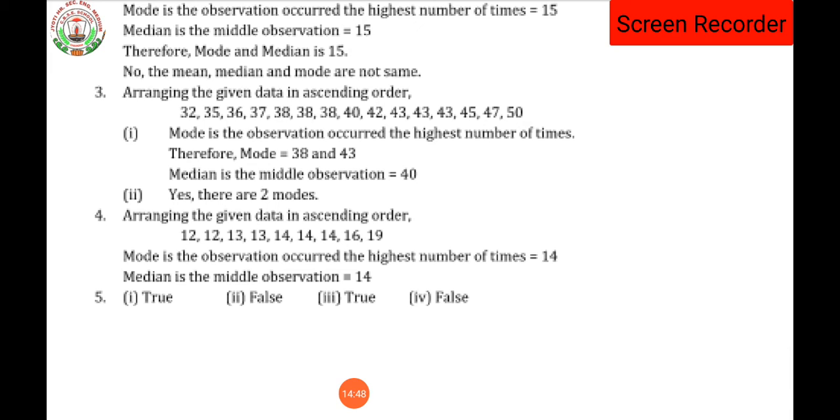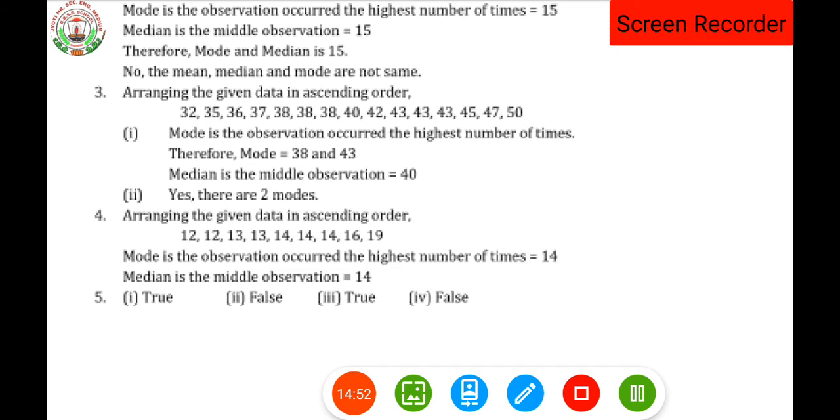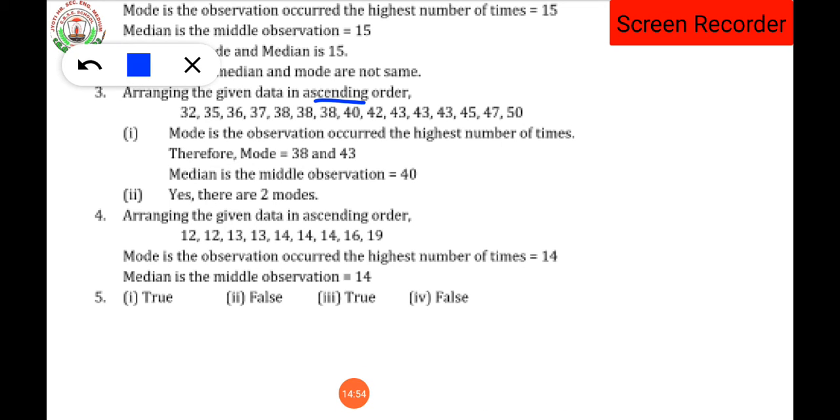Now in question number 3, it is asked to find the mode and median again. So the first duty is to arrange the data in ascending order. After arranging, look at which data is repeated the most times, that is 38. So the mode will be 38. The highest repetition of a number or observation is 38, so that will be the mode. And in the median, what is the center number?